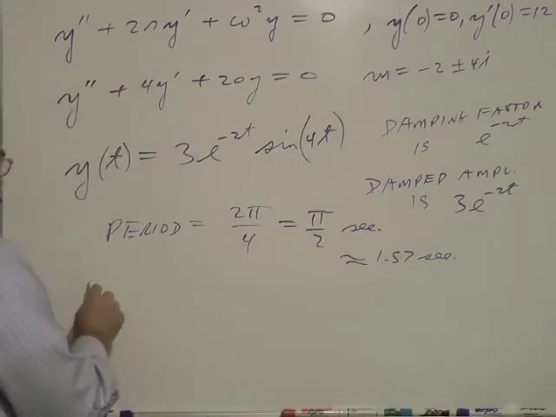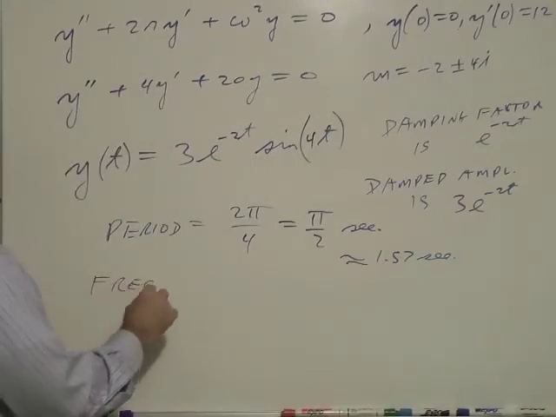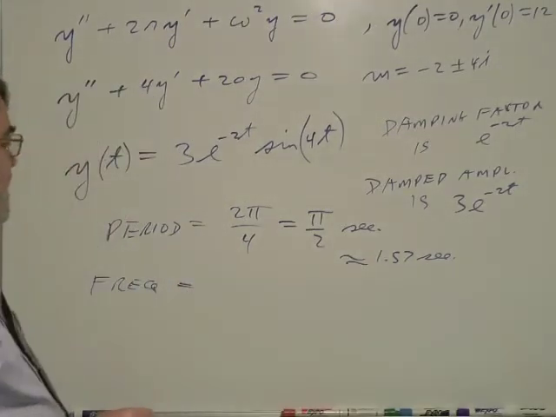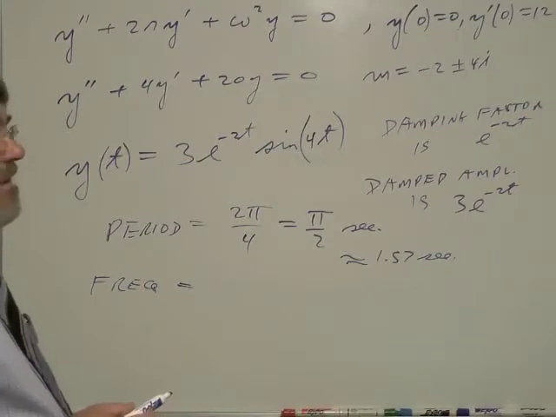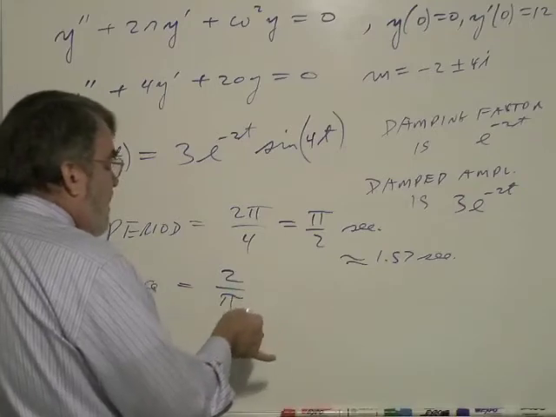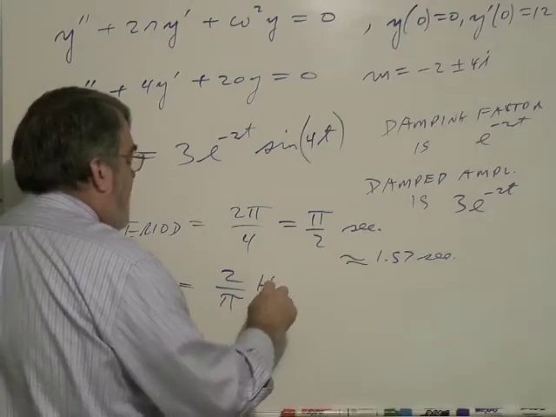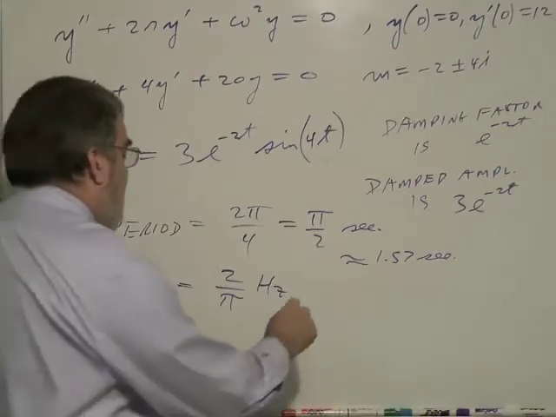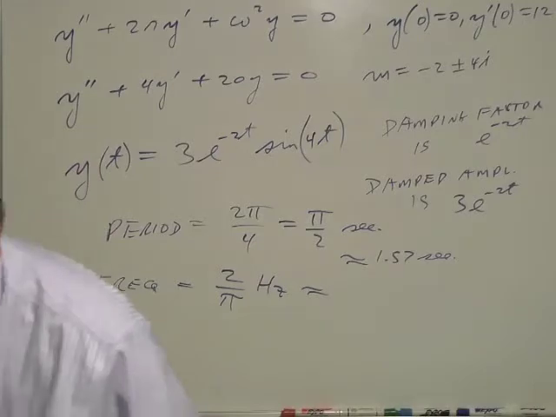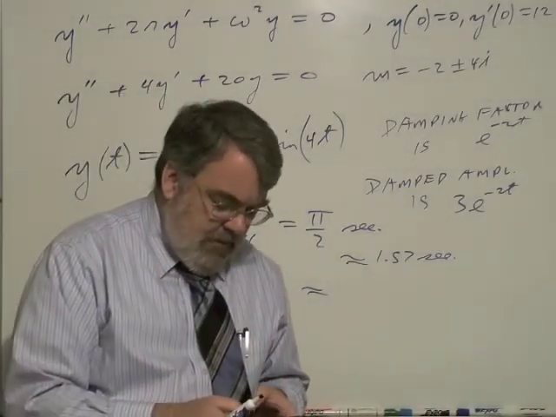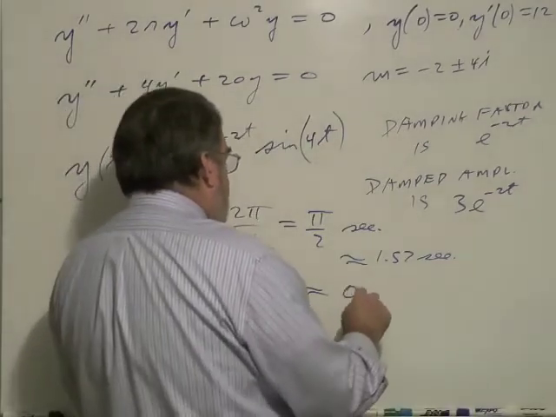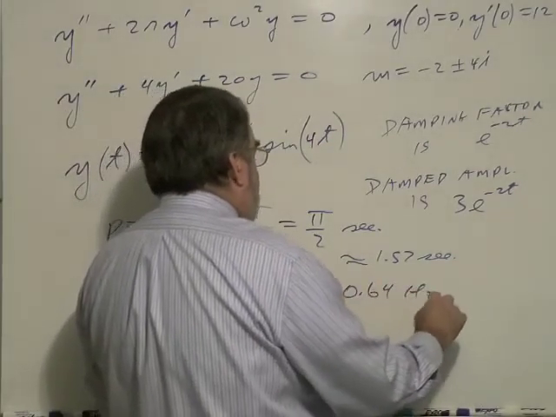Now the frequency, or the book calls it damped frequency, is literally just the reciprocal of the period. So it'd be 2 over pi per second, 1 over seconds, and that's hertz. And this is approximately, what is that? 2 divided by pi is about 0.64 hertz.